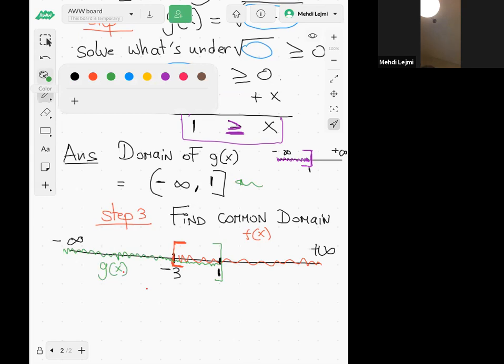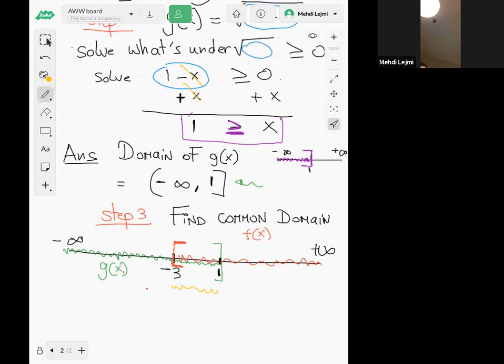Which interval is at the same time red and green? Well, that will be this interval here, right? It's green and red at the same time, so it belongs to the domain of f and domain of g. And yes, Rabiul, absolutely, negative 3 and positive 1, both are included.